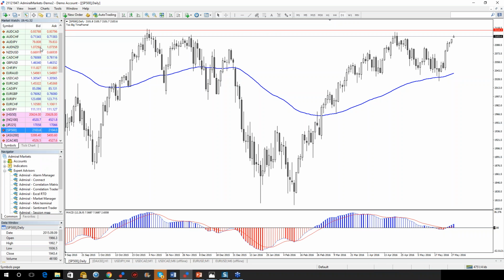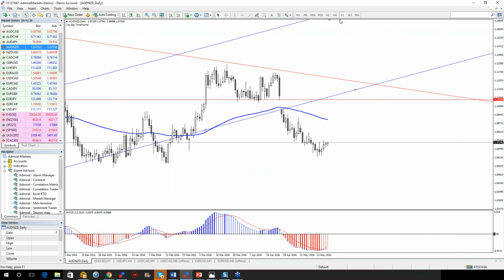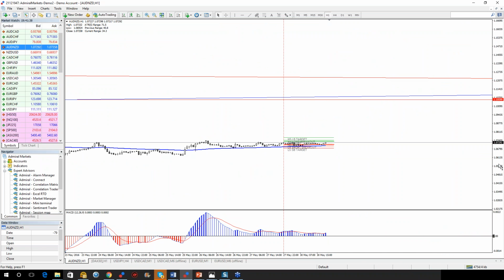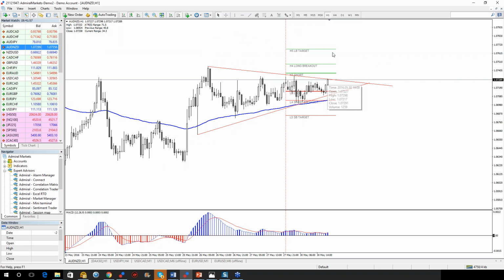Australian dollar, New Zealand. This looks like a bullish pennant here. Really, this looks like a bullish pennant. Flagpole, pennant. So look for a potential upside break.